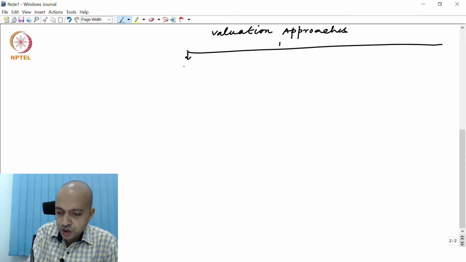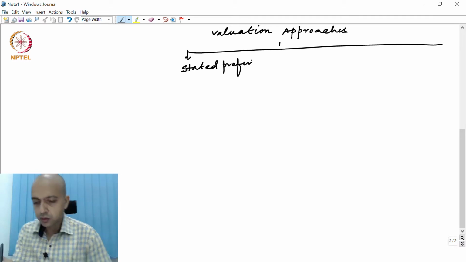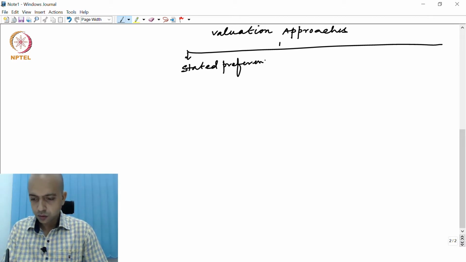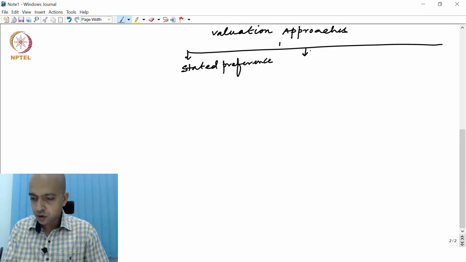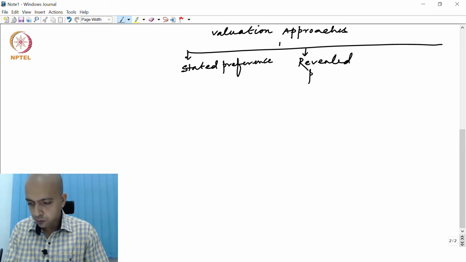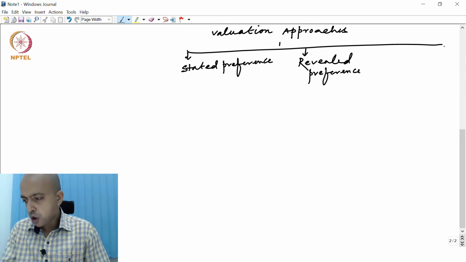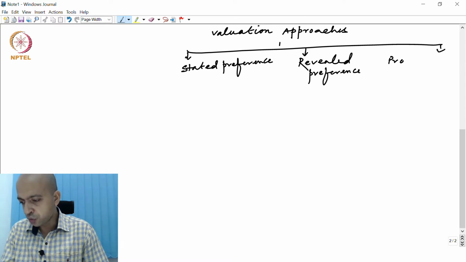First one is called stated preference. Then second one is called revealed preference. And third one is called production function approach.